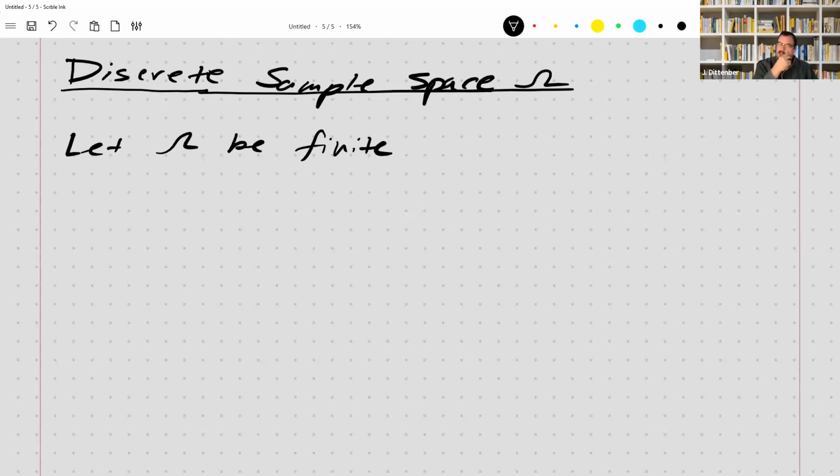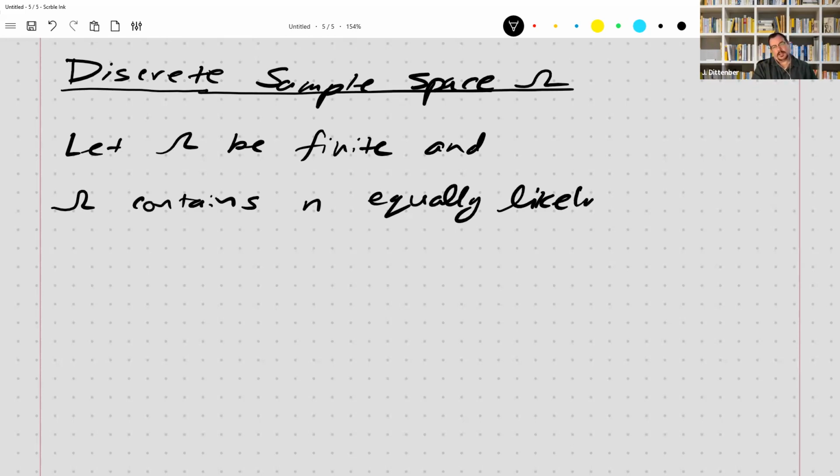So we're not considering infinite elements, right? And we're going to say omega contains equally likely elements. Now the equally likely part is kind of important. Elements or events, if you like.